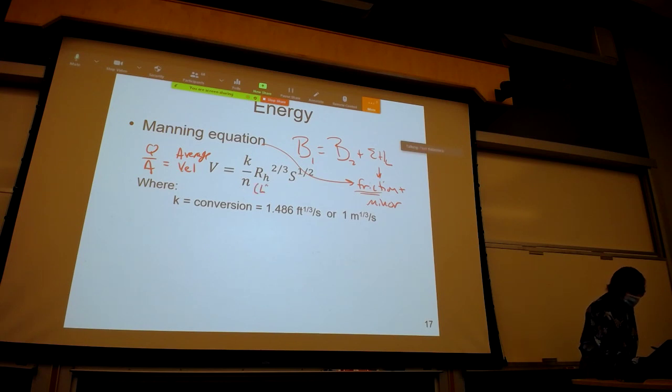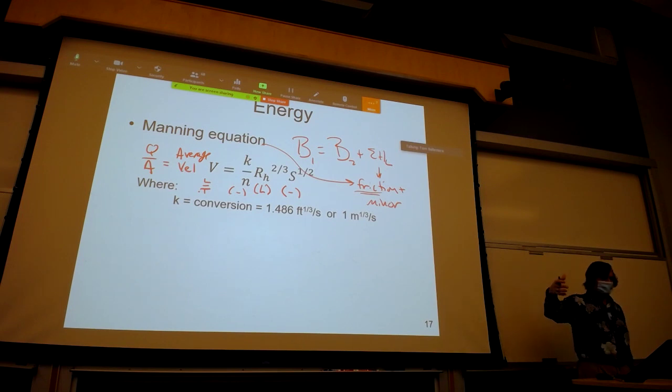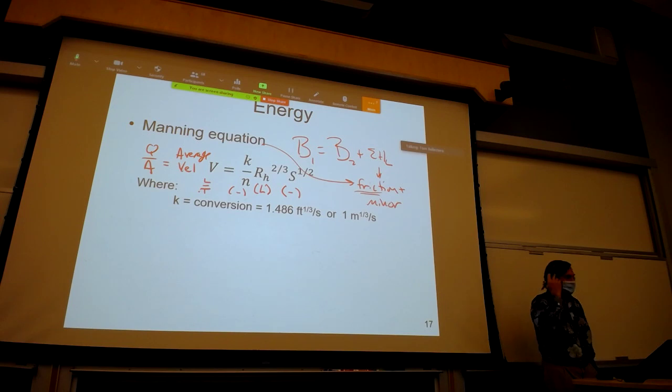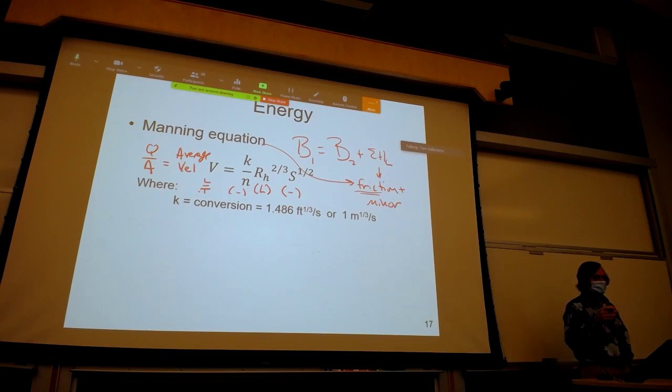So what you have is hydraulic radius with units of length to the 2/3 power. Slope is dimensionless. The roughness coefficient, as you see, is dimensionless. And what we have on the velocity is length per time. So on the right-hand side, we have length to the 2/3. And so K is the conversion factor, and it has the dimensions of length to the 1/3 per time.